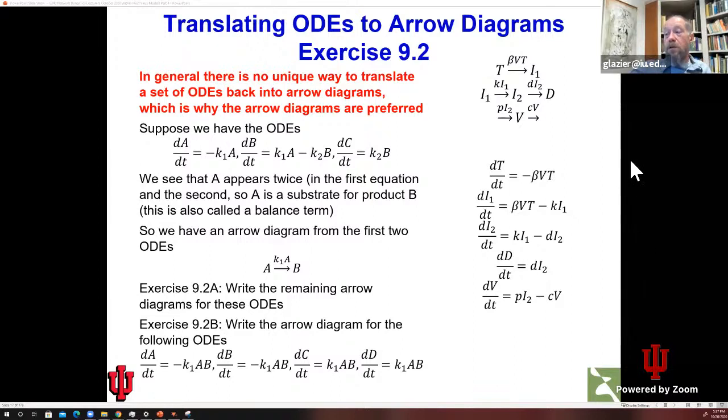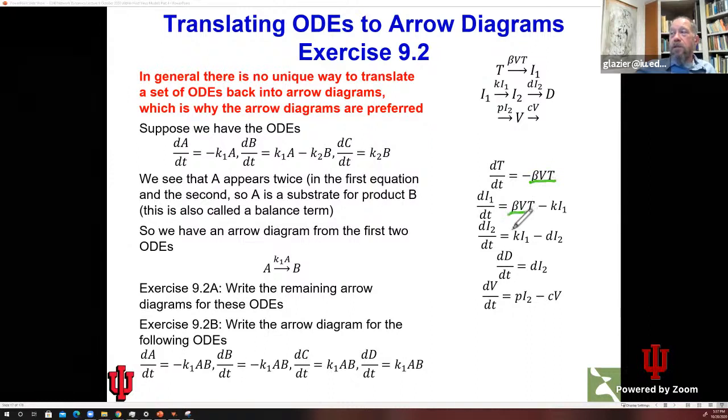So one of the things that you'll notice is what's called balance equations. Let me see if I can use my new drawing pen here. Okay, so you'll notice that the arrow T goes to I1 produced a term minus beta VT, and that corresponds to a term plus beta VT here.